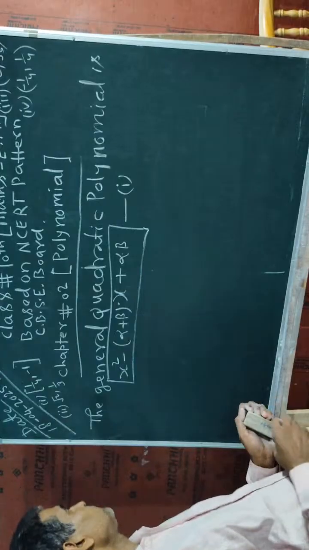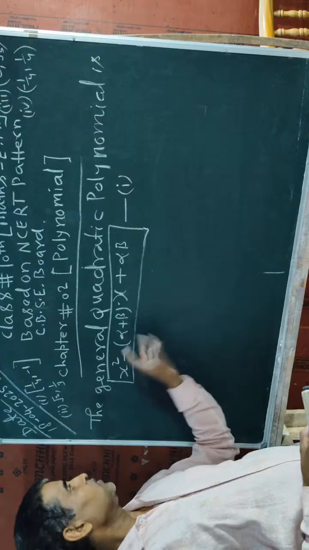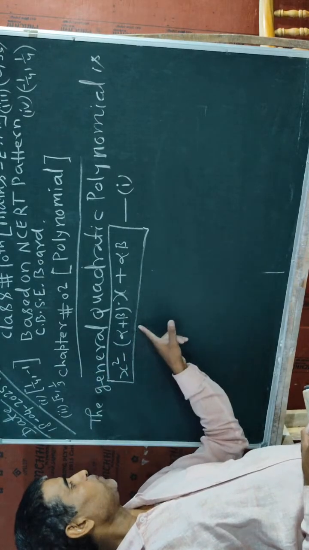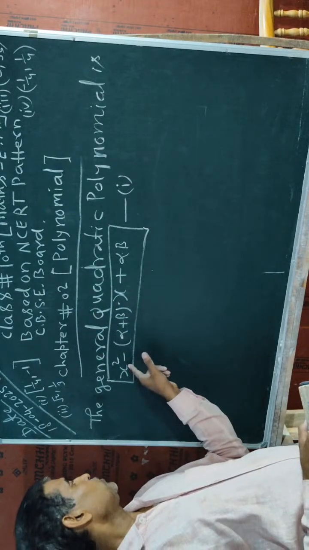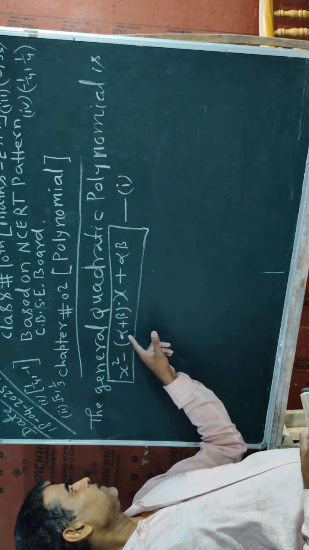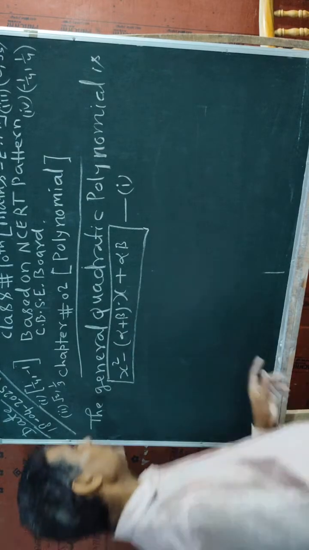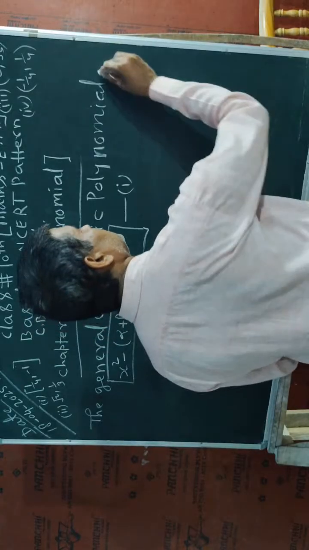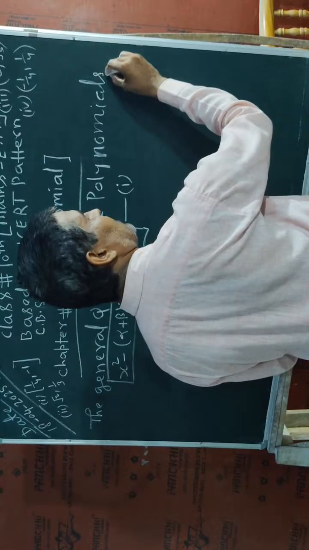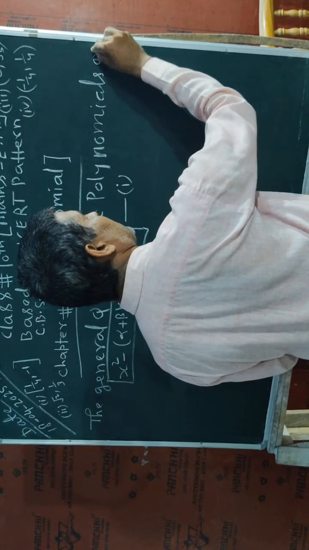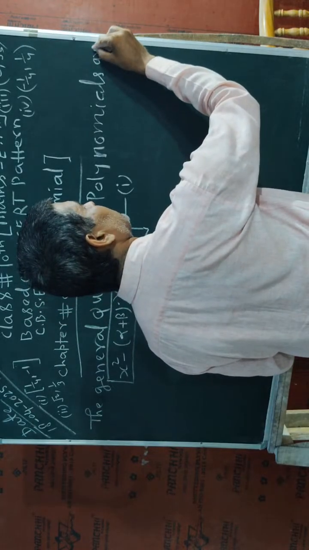If the sum of the zeros and product of the zeros are given, then for each question you have to write the general quadratic polynomial. You have to write x square minus, here I will put R.